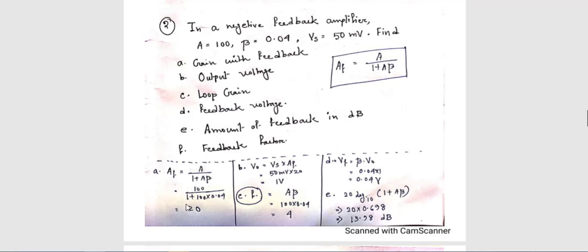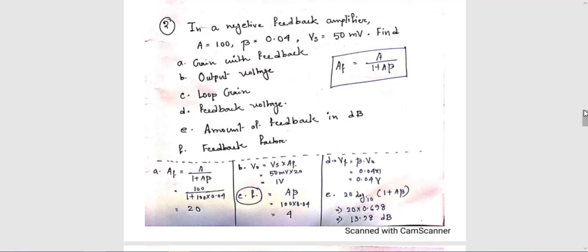So 4 plus 1 means 5. That means 1 plus A beta, the result is 5. Now if you convert this 5 into decibel, you have to multiply 20 log base 10 with 5. So your answer is 13.98 dB.